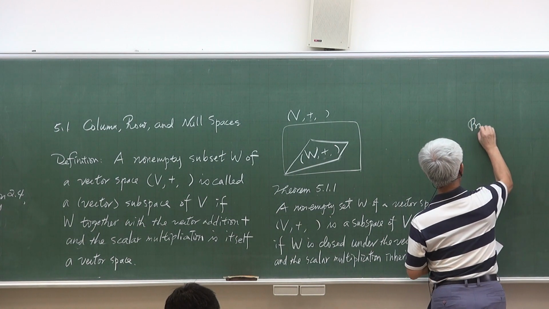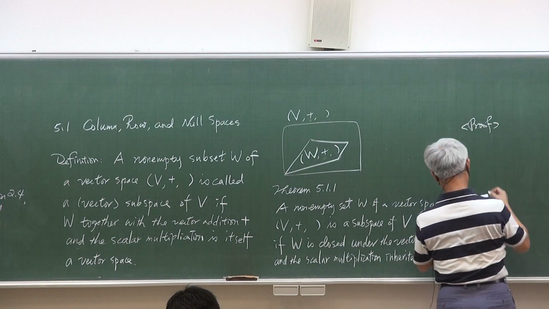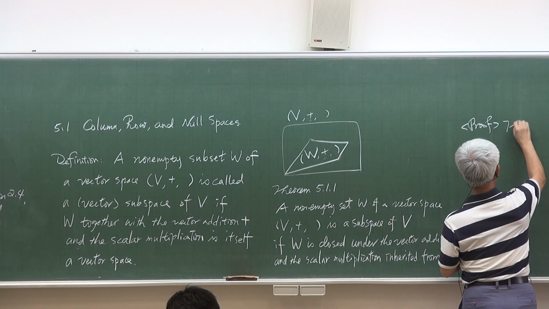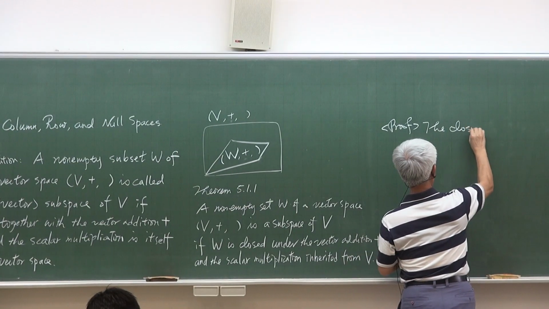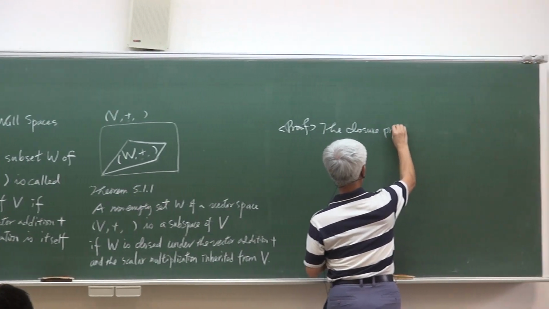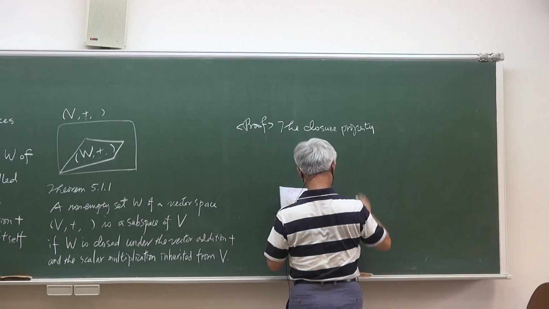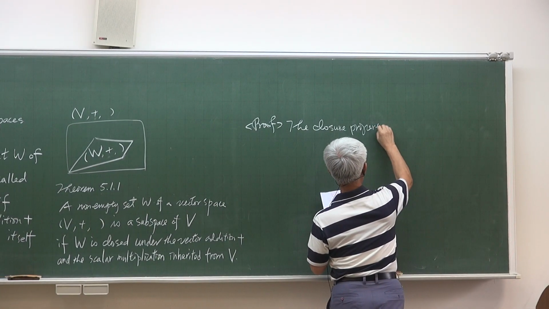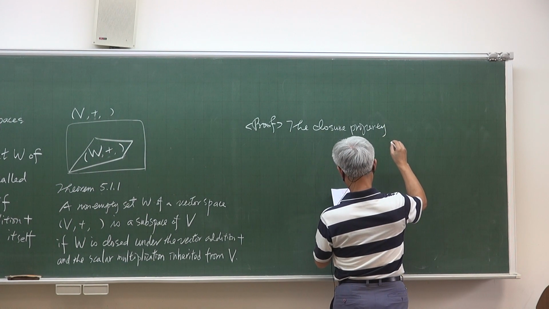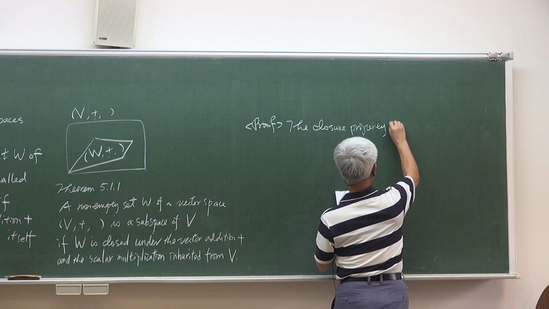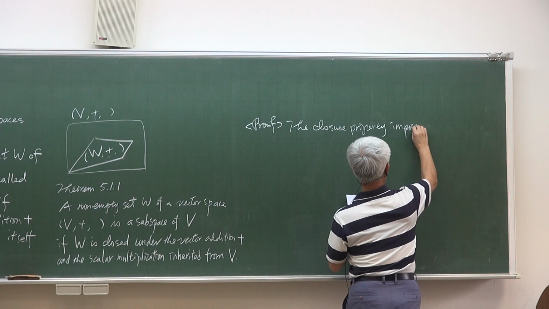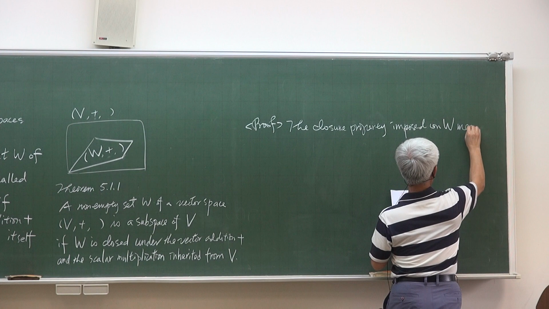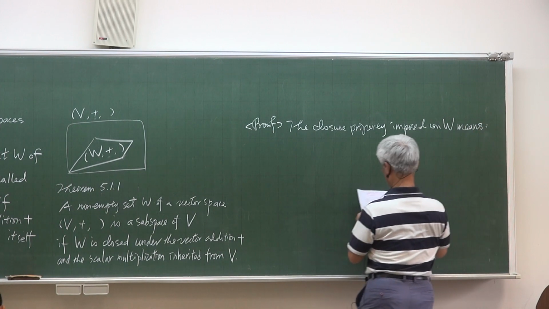The proof. The closure property imposed on W means two things.